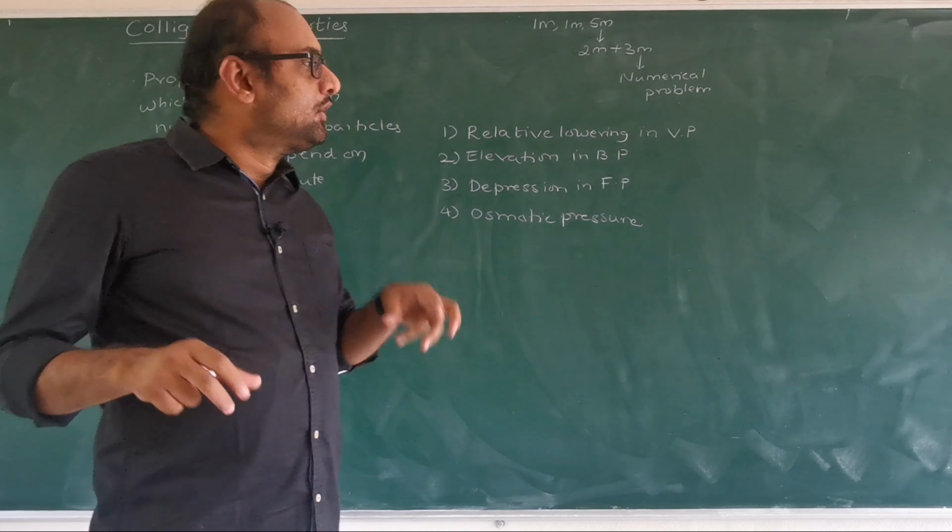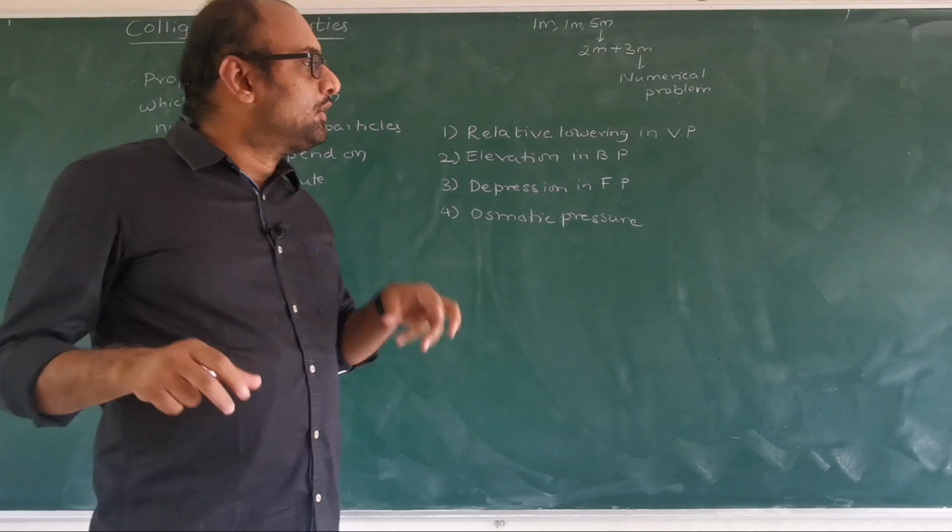It will be negligible compared to the concentration of solvent. So here, the number of moles of solute is very low compared to the number of moles of solvent. So we can neglect NB here. We can take out NB because it is very low compared to NA.